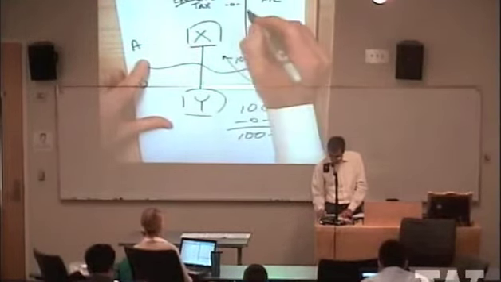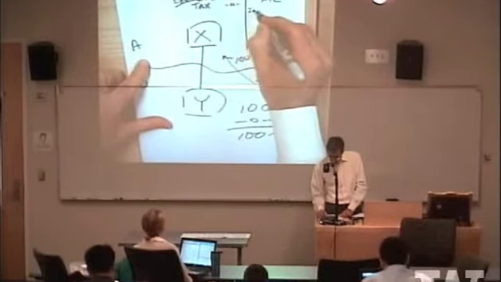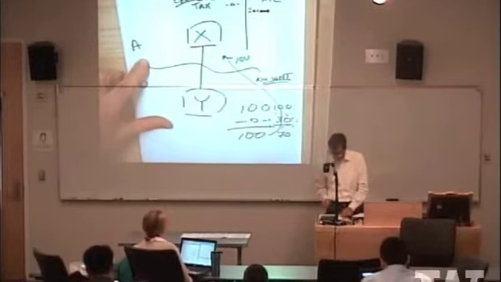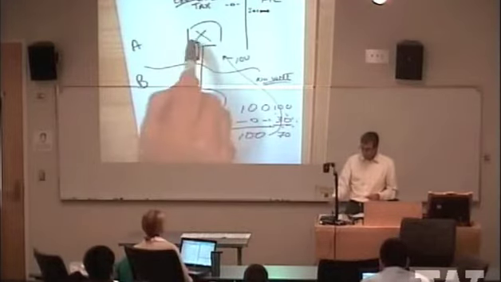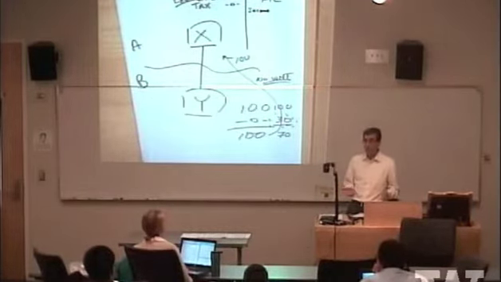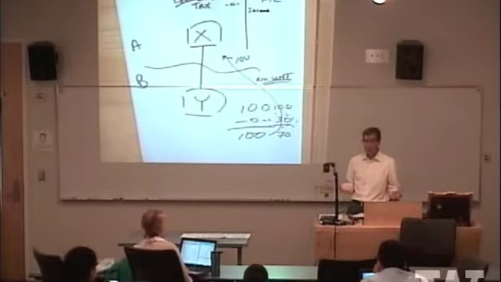Now, how much is the income to X under country A's tax rules if there's worldwide taxable income? 100, yeah.